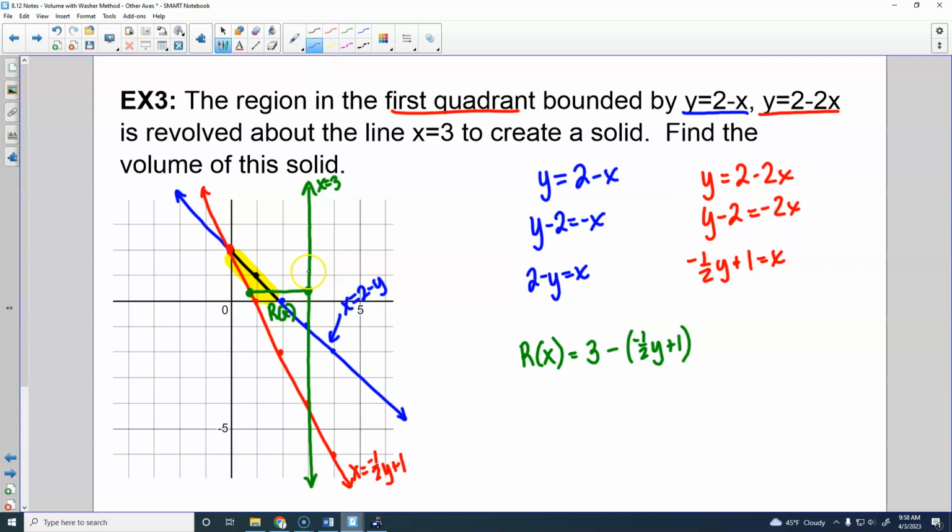Then we got to think inside radius. Here, lowercase. I should be using y's, not x's. So lowercase, the right side is 3. Left side is 2 minus y.